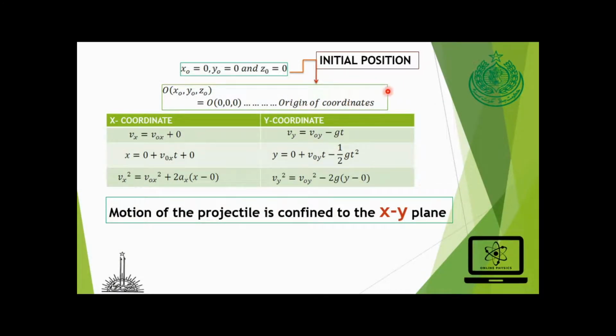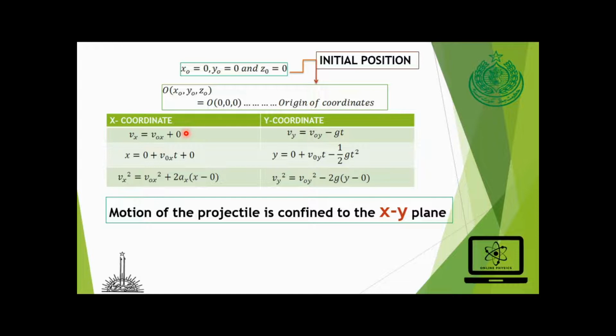Now we assume that the initial position is at the origin of coordinates, so x naught, y naught, and z naught are 0, because the origin of coordinates is 0, 0, 0. Okay, now we are going to confine ourselves to the xy plane only.